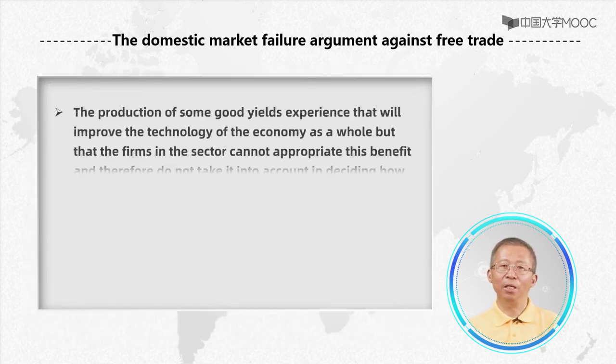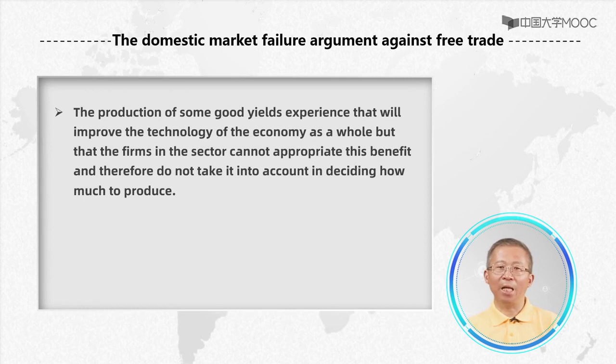Suppose, for example, that the production of some good yields experience that will improve the technology of the economy as a whole, but that the firms in the sector cannot appropriate this benefit and therefore do not take it into account in deciding how much to produce.